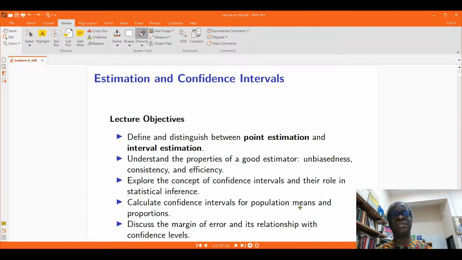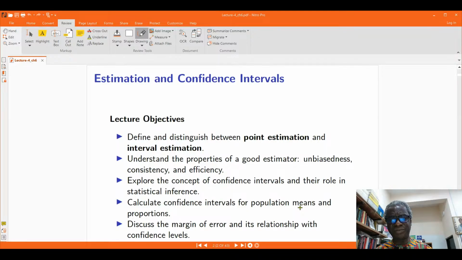So that is talking about estimation. And how do we estimate the unknown population parameter? We use sample data for the estimation.